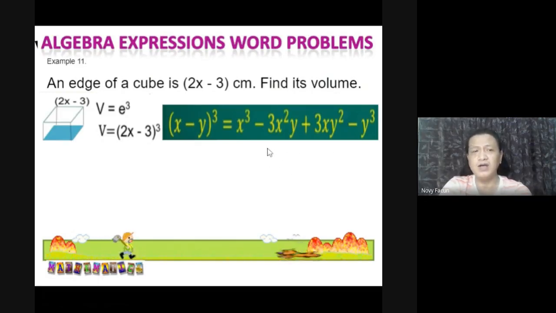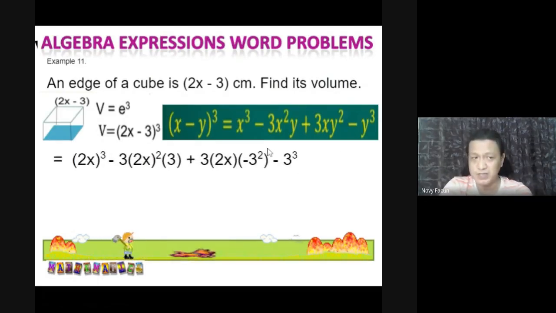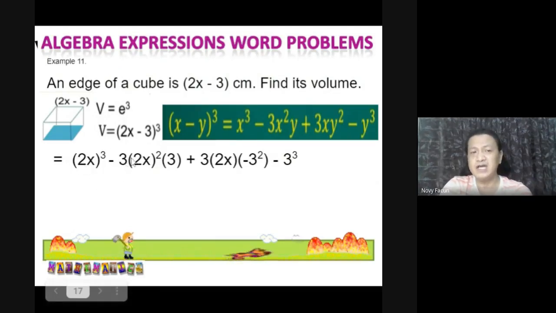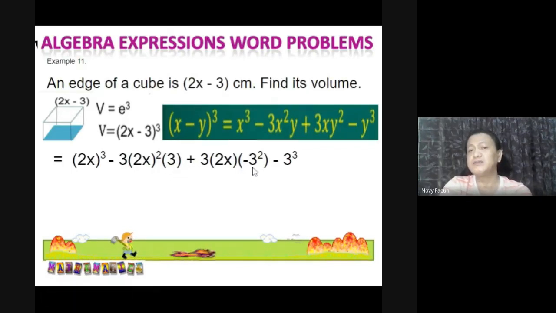And then you are going to substitute. We have 2x cubed minus 3 times 2x squared times 3 plus 3 times 2x times negative 3 squared minus 3 cubed. Okay, because this is the cube of a binomial. Remember that.